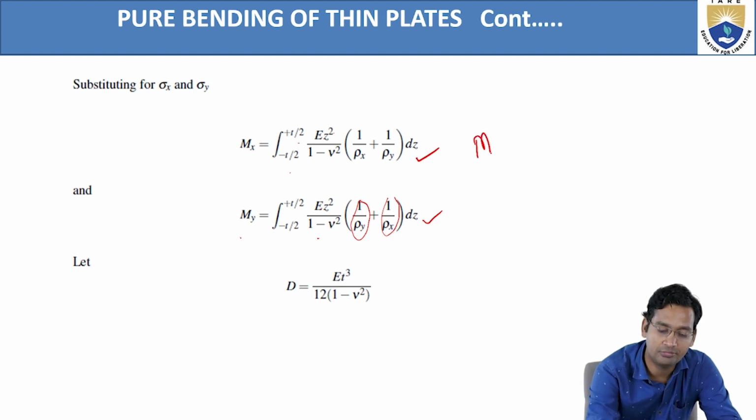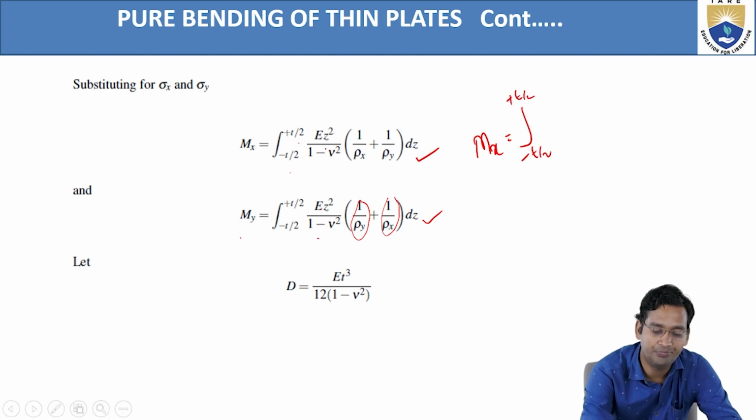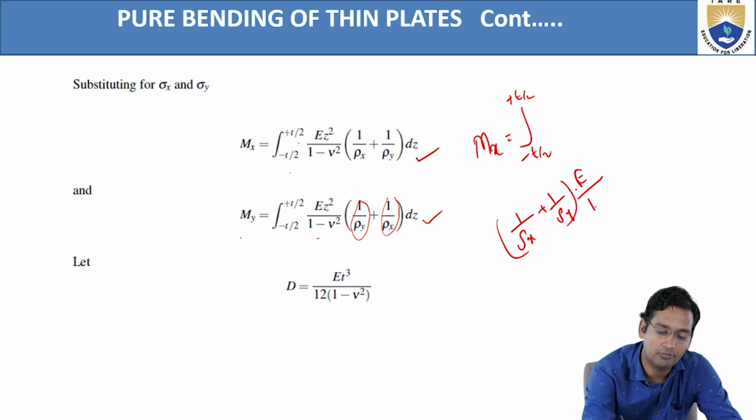So Mx, from minus t by 2 to plus t by 2. First, E by 1 minus nu square, and 1 by rho x plus 1 by rho y is constant, so let's take it out of the integration. Now this is from minus t by 2 to plus t by 2 of z square dz.